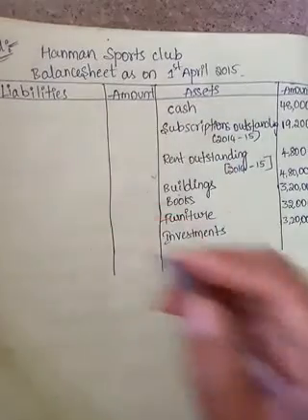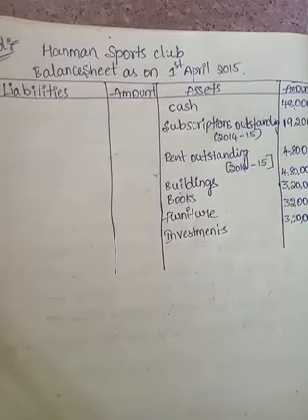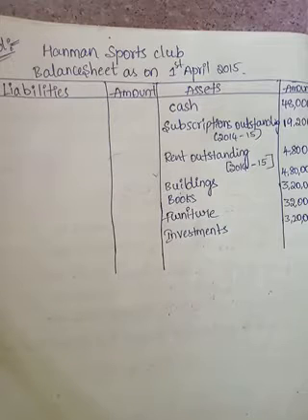Next, see the liabilities. The problem liabilities are given in the form of advertising.